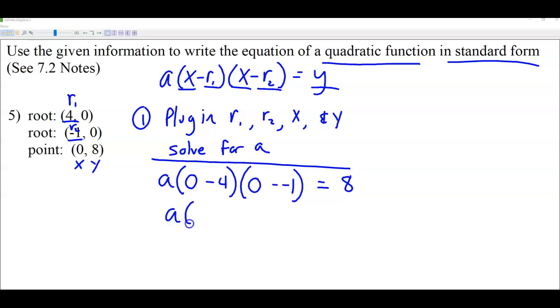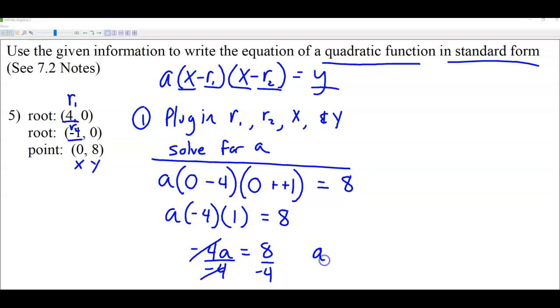0 take away 4 is negative 4. Double negatives here becomes a positive, so you have 0 plus 1, which is 1. Negative 4 times 1 is negative 4. And then we're going to divide. And here we get a equals negative 2.